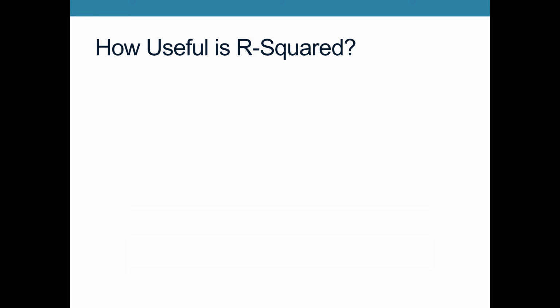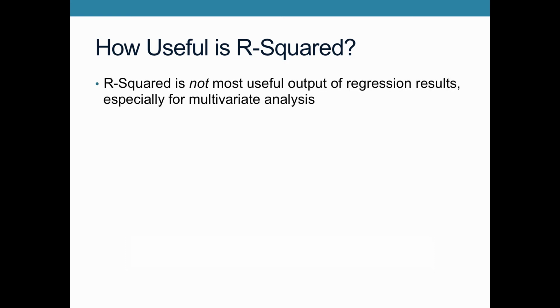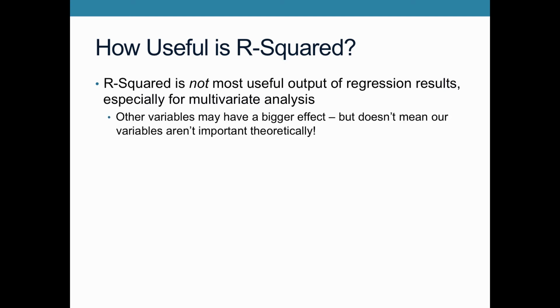So I want to add a little bit of caveat here. The R squared is a common statistic that people report on, but there are a lot of limits to it. And I don't want you to think that this is the most important thing to pay attention to in your regression model. So R squared is not the most useful output of regression results, especially once we move into multivariate analysis. So you might see this for a number of reasons.